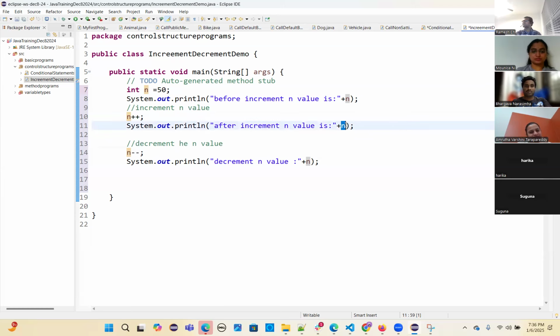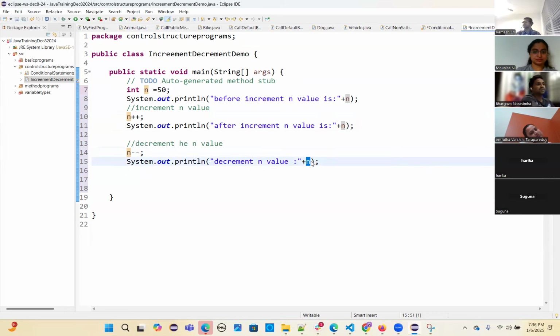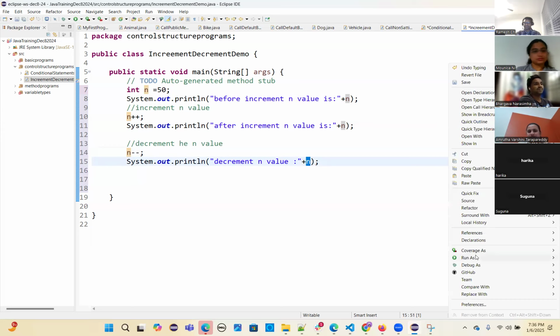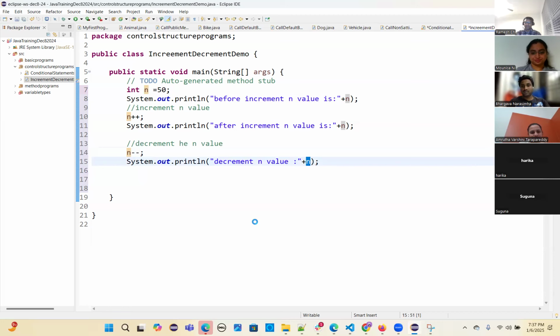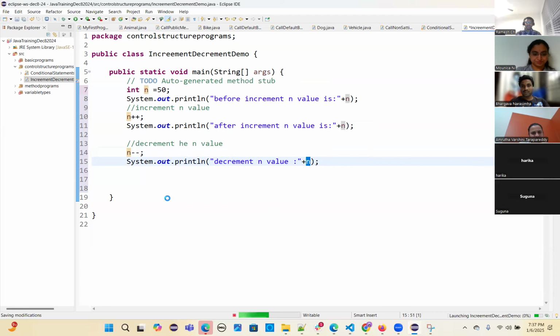So now the n value is 51 in this line, because after this operation n becomes 51. Now minus minus means it reduces by 1, so it will become 50 here. Clear? Any questions here? No. Okay, now let's go and see the output.